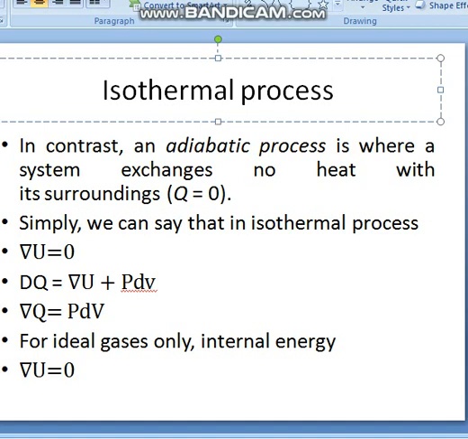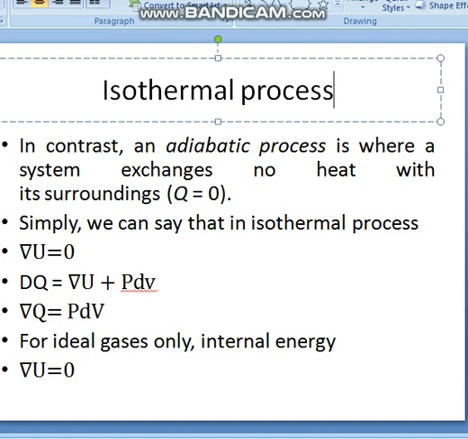We can simply write T for the notation of temperature, but internal energy is usually written as U, and del U is the change in internal energy. So in this case, when del U is equal to 0, it means that temperature is not changing.